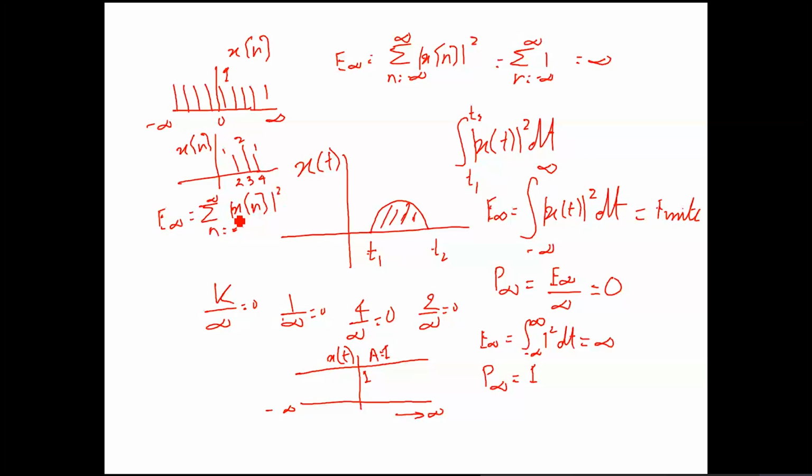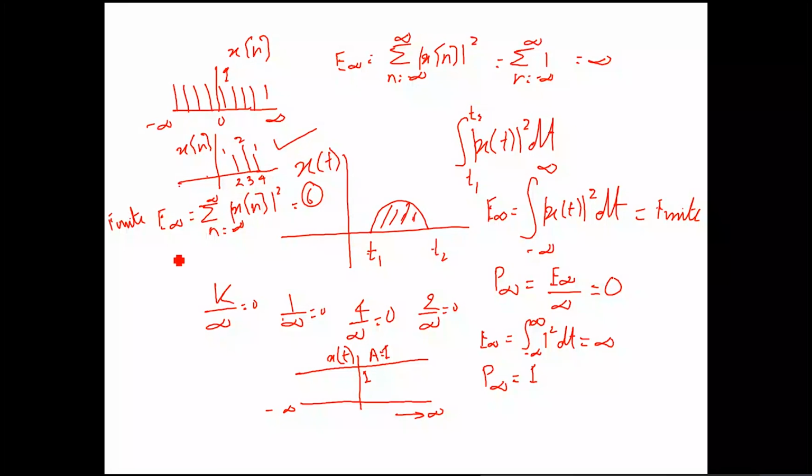You can open it up. We know that it is 0 throughout. Only for n equal to 2, 3, and 4, the values are 1, 2, and 1. So 1 square plus 2 square plus 1 square, so the value will be just 6, a finite value, because the signal is of finite duration. So this example is an example of a signal which has finite total energy.